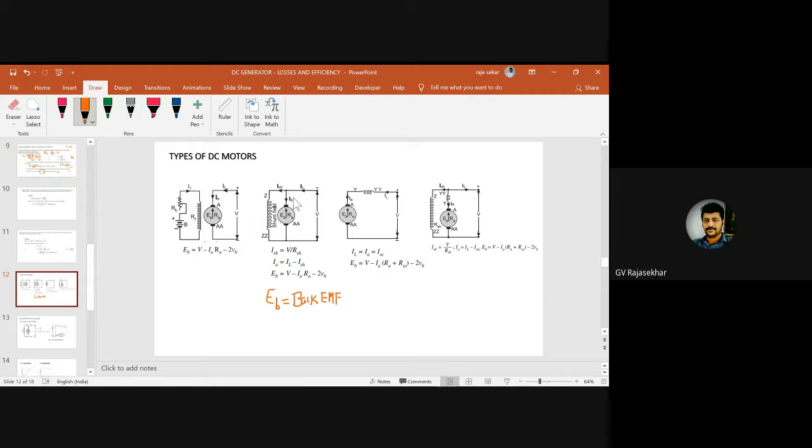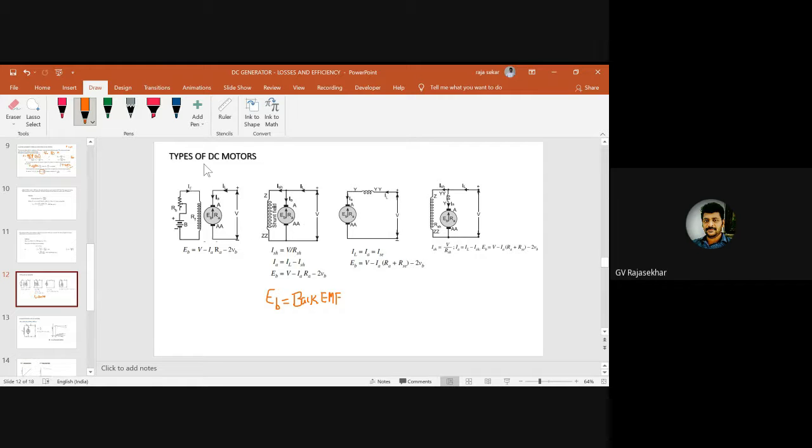But here, the change in the equation is that the Ia direction and IL direction are reversed. That's all. If you observe, for a DC generator, Ia is in the outward direction, but here it is inward. And these are the equations for these networks.